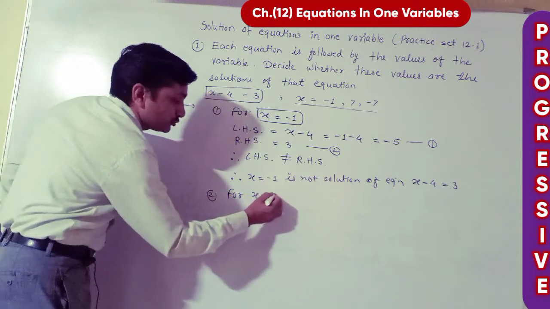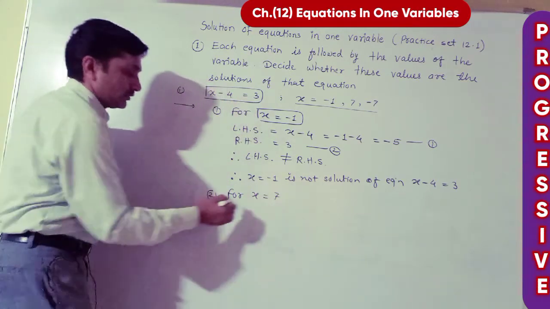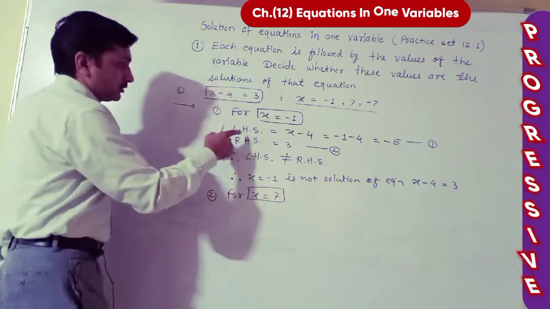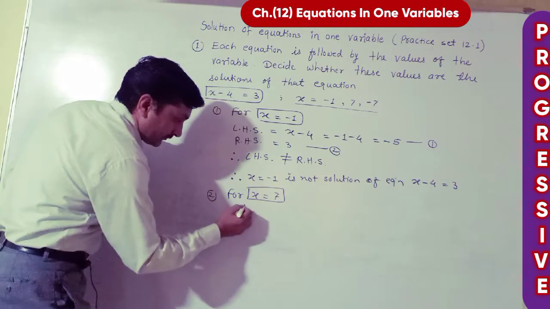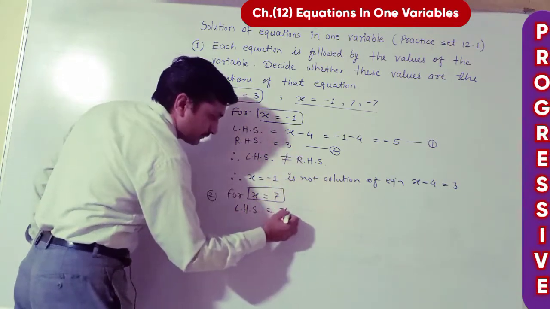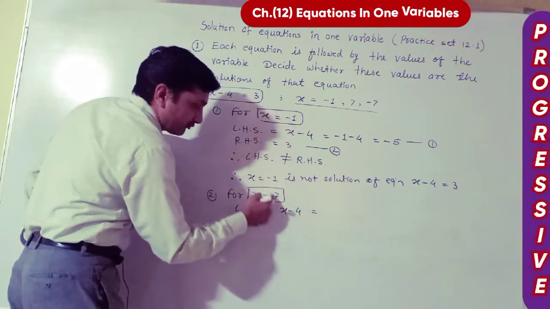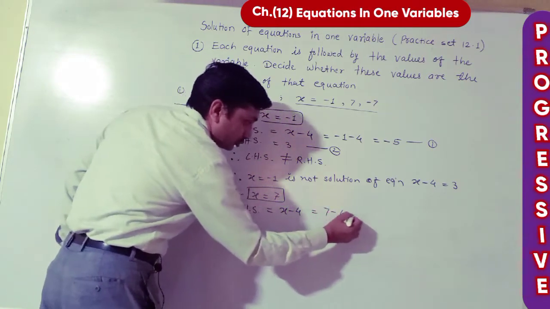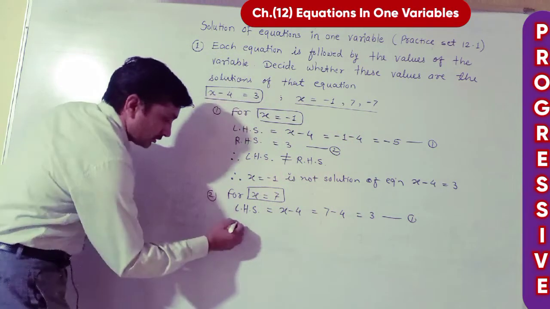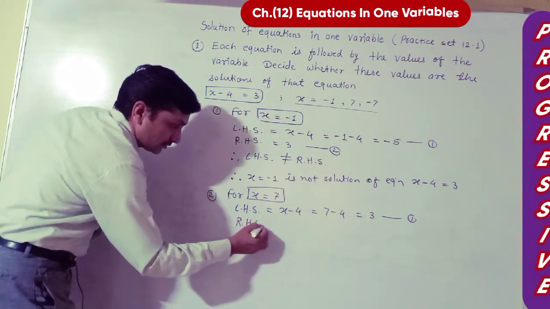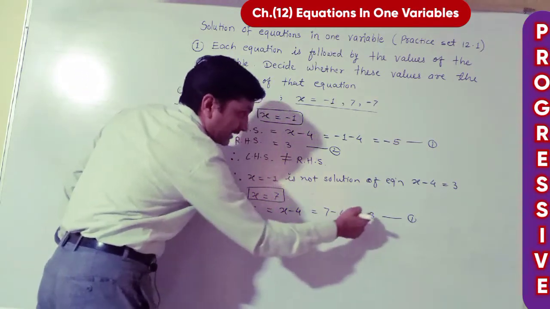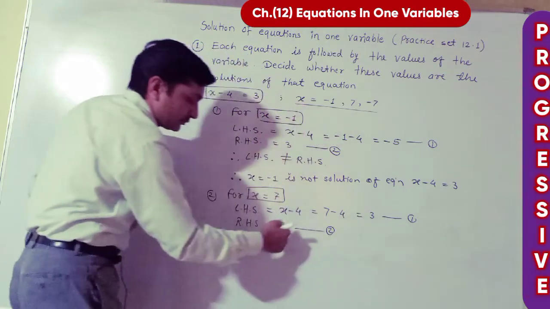For x is equal to 7. The steps are the same: LHS, RHS. Left hand side is x minus 4, the value of x is 7, so 7 minus 4 is 3, number 1. The right hand side of this equation is 3. Now the right hand side and left hand side are both the same.